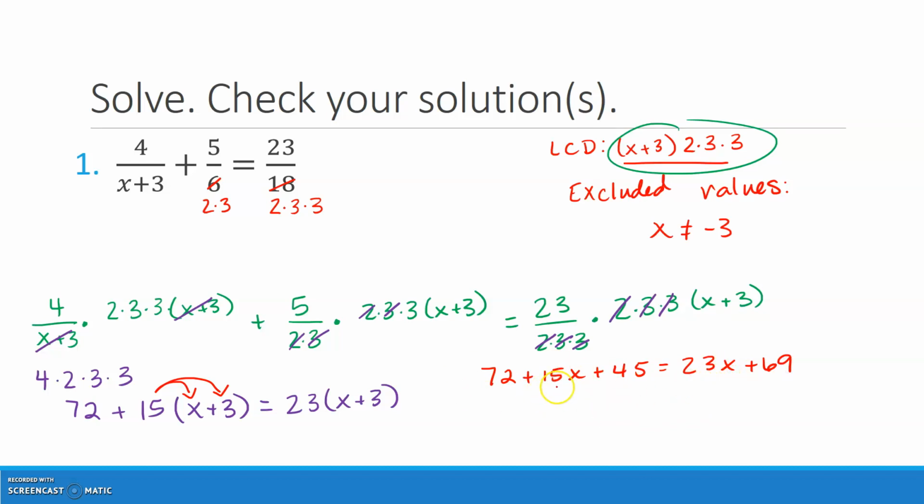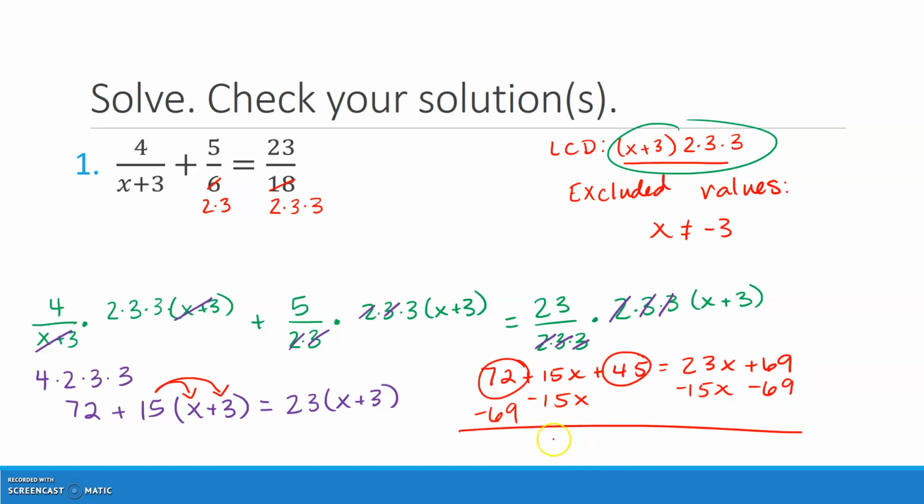Then I would combine like terms here, subtract 15x, subtract 15x, subtract 69. So that would turn into 48 is equal to 8x, divided by 8. So that x is equal to 6.